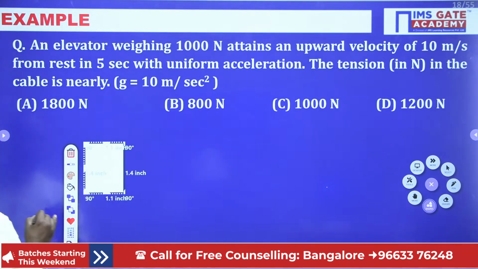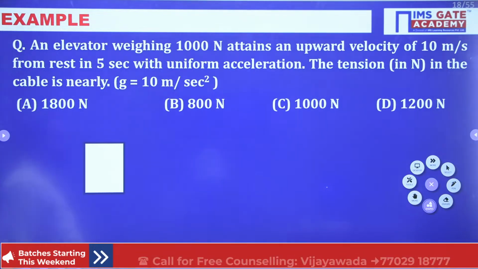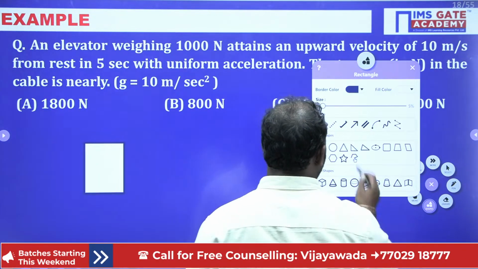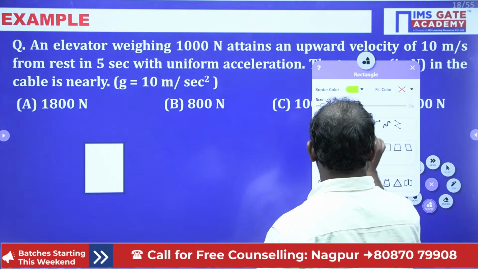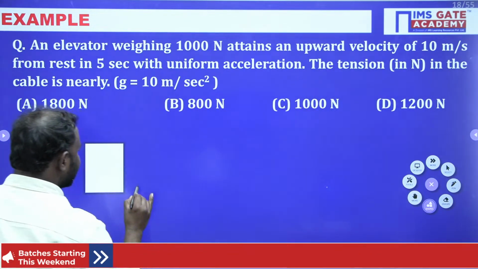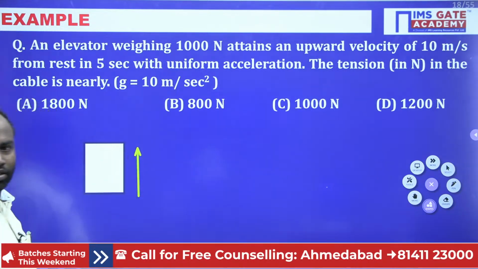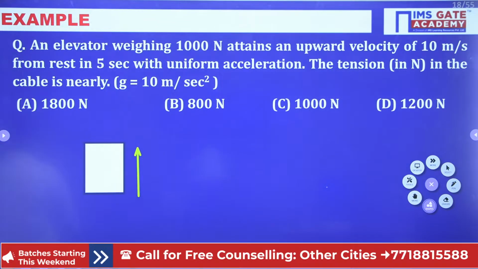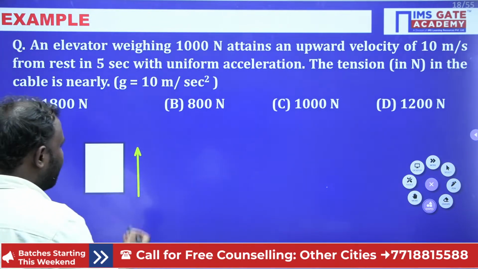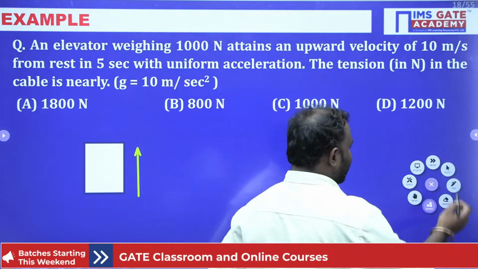So this is a lift which is moving from down to up. Now the direction of motion is like this. Obviously acceleration also is acting in the upward direction, right?